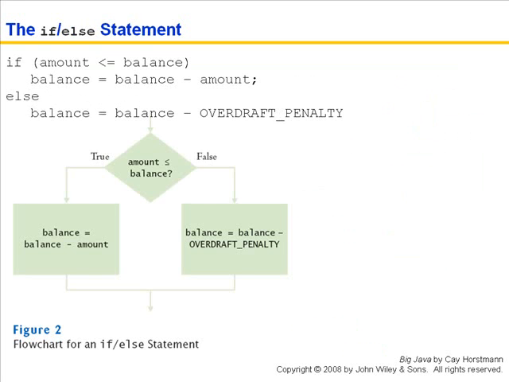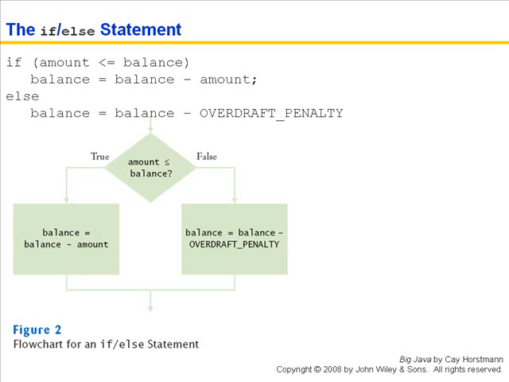Okay, let's look at the cousin of the if test called the if-then-else or the if-else statement. Here we want to have two paths. One if the statement is true and a different path if the statement is false. In our bank account withdrawal, we want to do different things depending on whether or not they have enough money in their bank account to cover the withdrawal. So we do our test if, and our condition is always inside of a left and right parentheses.